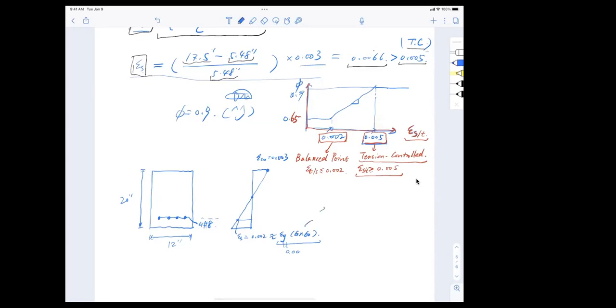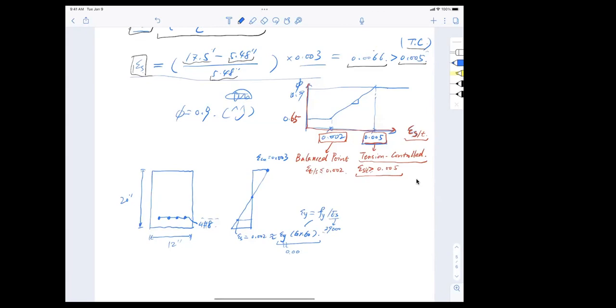Great, so that is Fy, right? But what I'm asking is the yield strain, right? You have to divide by Es, which is, what is Es?